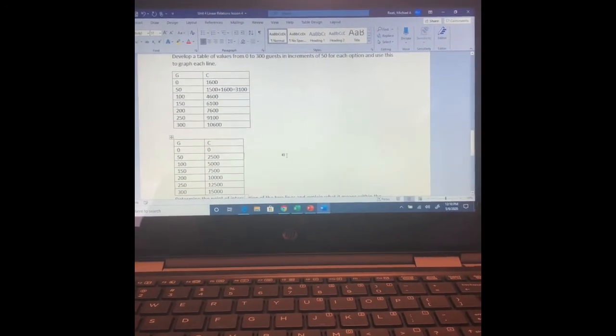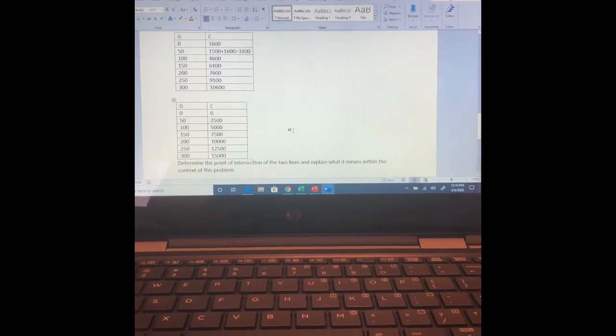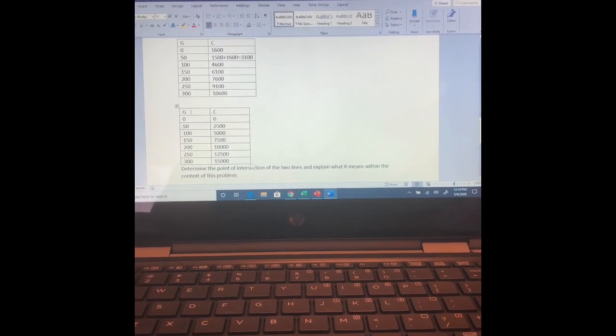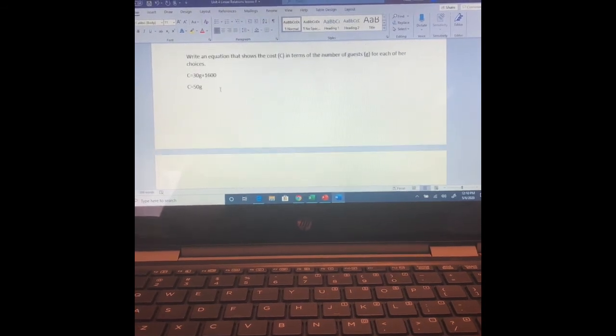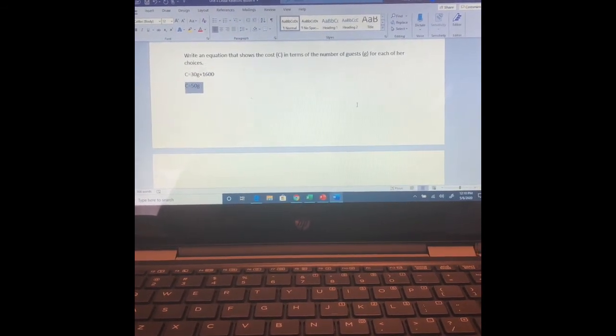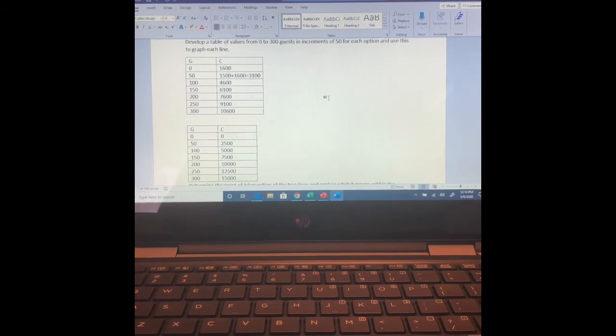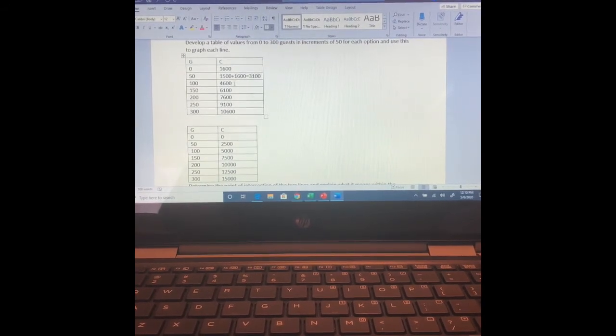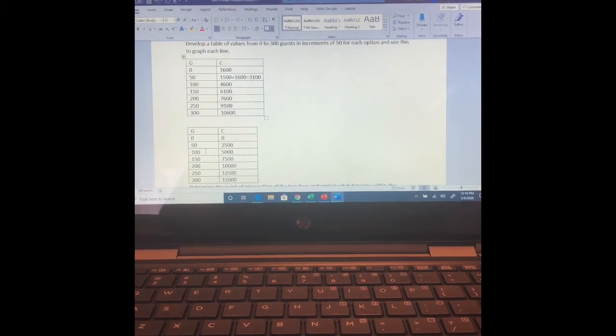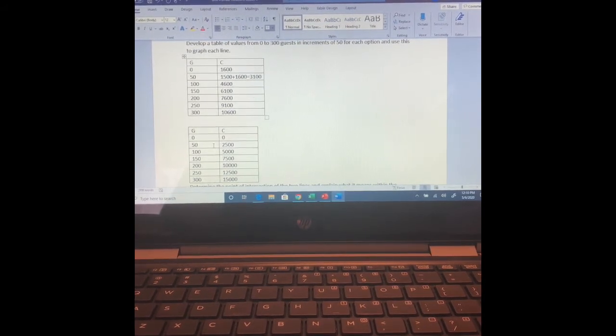All right, so I finished it up, got my numbers, just subbing in for G and solving for C with this equation right here. And we see that although it starts off with the golf course being more expensive, it turns to cheaper at somewhere between 50 and 100 guests.